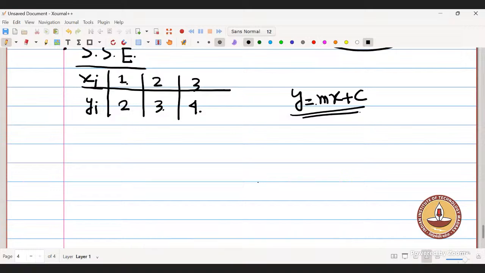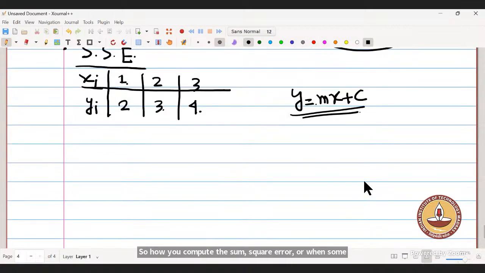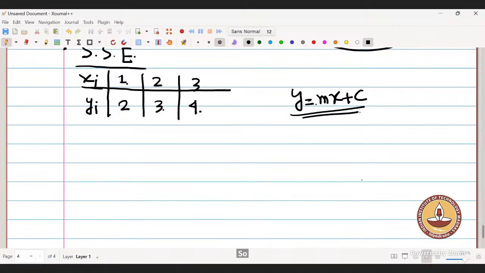Anyone? So how do you compute the sum square error when some bunch of data are given with respect to a line? Summation i from 1 to 3, yi minus m xi minus c, whole square.